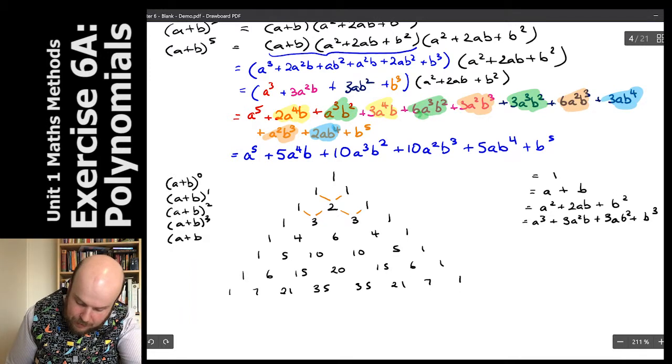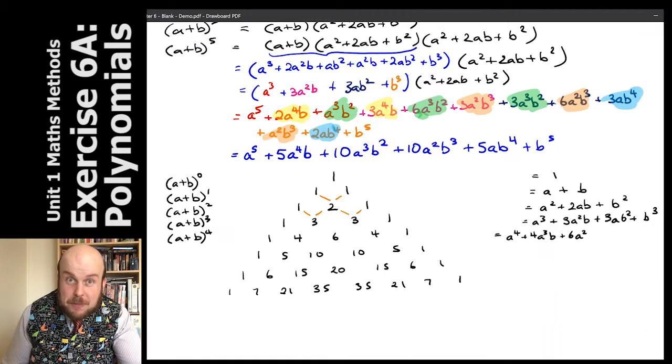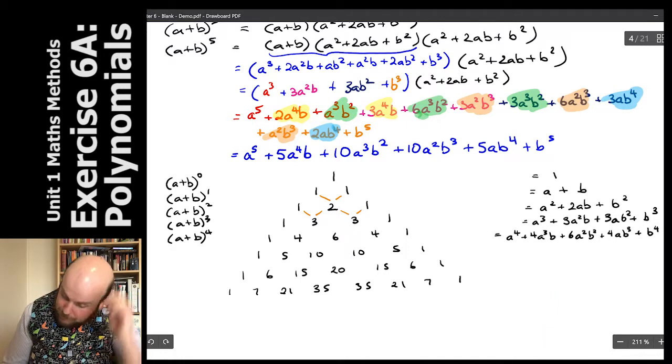Then a plus b to the power of 4 is going to be, similarly, a to the power of 4 plus 4a cubed b, like so, plus 6a squared b squared plus 4ab cubed and plus b to the power of 4. I always struggle to remember to minus 1 and add 1 here.